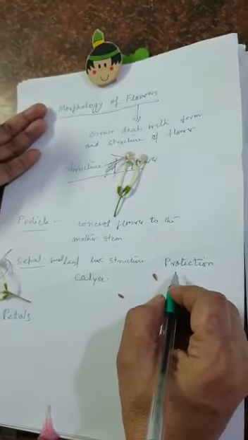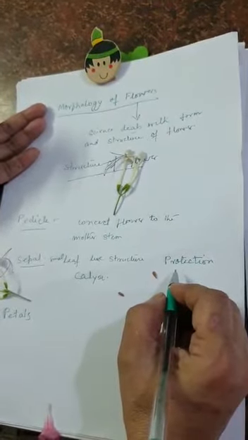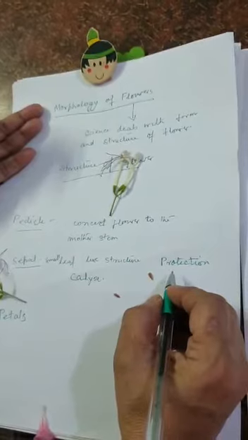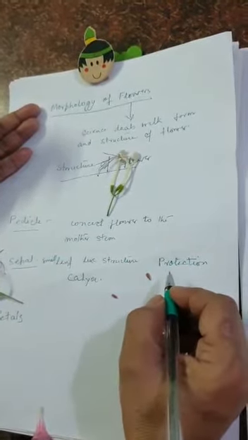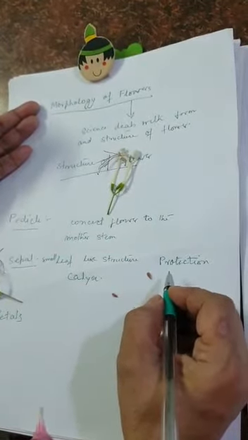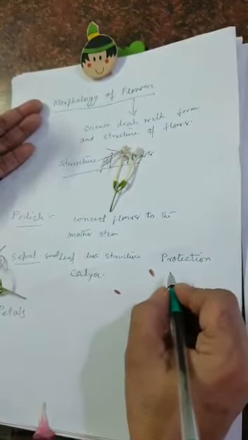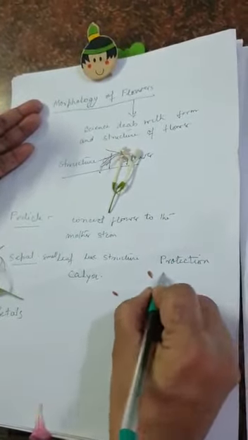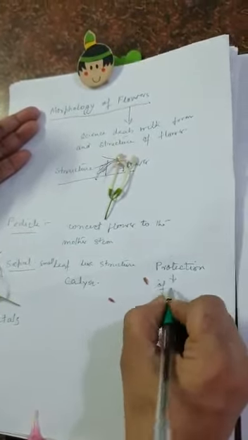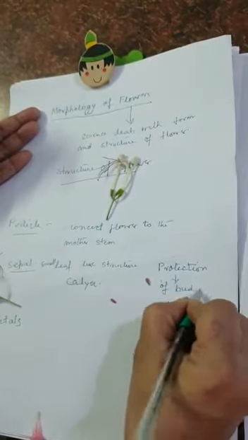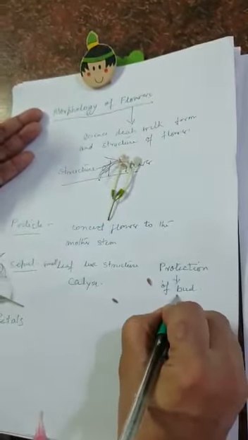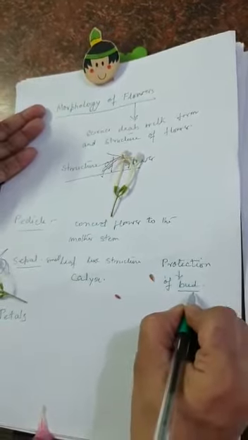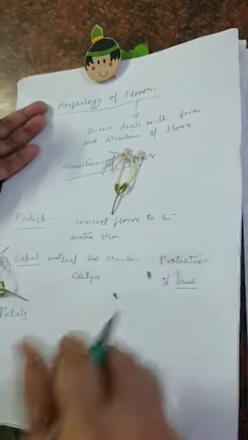That means the main function is to protect the flower before it blossoms. When it is in the bud stage, it protects the flower before it blossoms. Protection of the bud means protection of the flower in its initial stage.